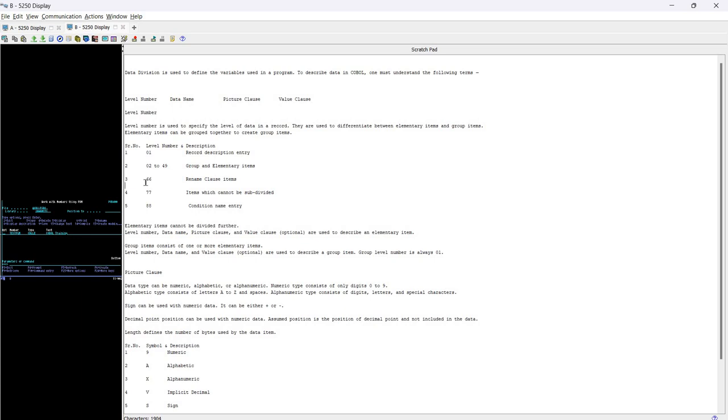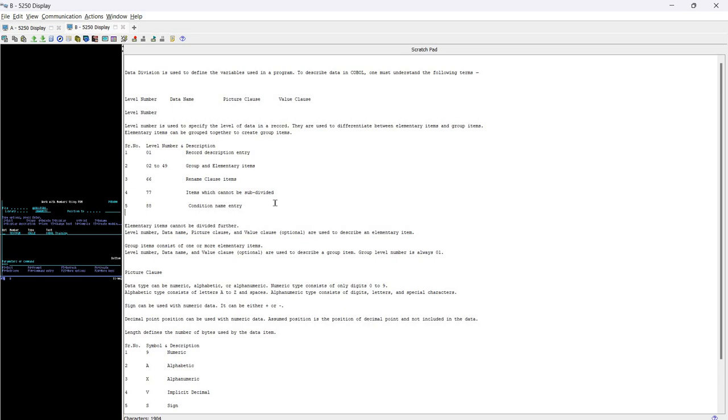Then we have 66, which is for rename clause items, 77, which is for items that cannot be subdivided, and 88, the condition name entry. Clear? So these are all the level numbers with their respective descriptions.